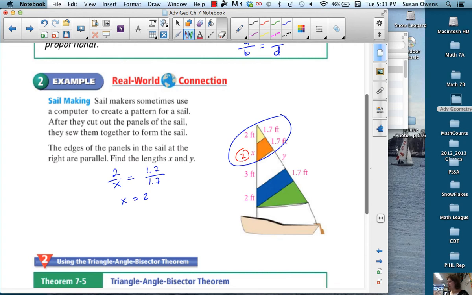We can either take that panel in the next one and we can set up a proportion, or we can use the last two. So I'll use the last two. We got 3 over 2 equals y over 1.7. So if we cross multiply, we get 2y equals, let's see, 5.1. And if we divide that, we get y equals 2.55. Okay? And so x is 2 and y is 2.55.